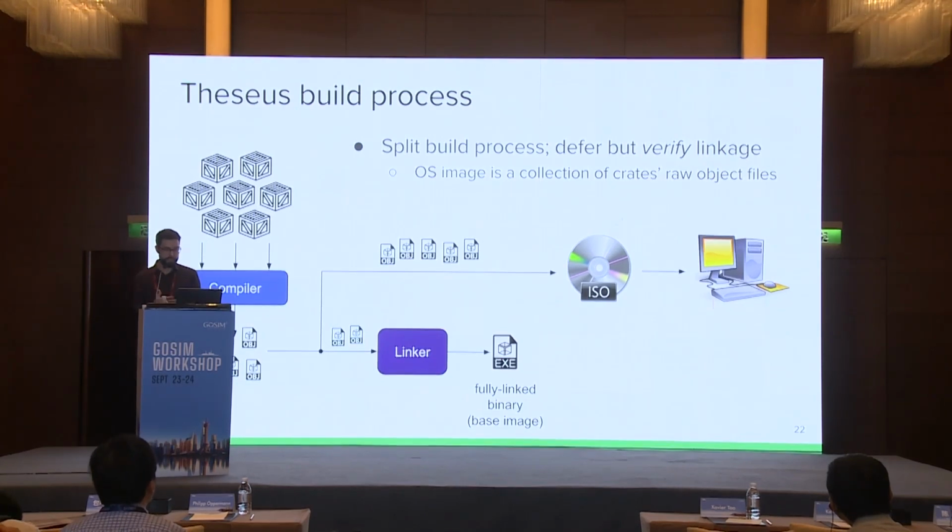So as I said, everything's done at runtime, with the exception of the fully linked binary base image for the kernel, right? So that's something that you can actually load and run, like your bootloader, for example, Grub or something, can load this, or with a BIOS or UEFI or something on AArch64, you can load this, and then that jumps to the code that loads everything else, right? So it's sort of a bootstrapping stage.